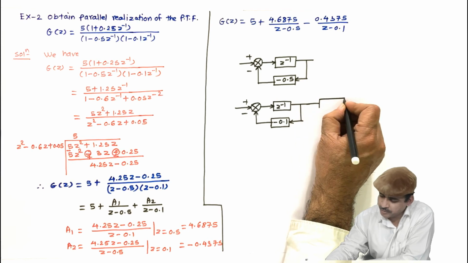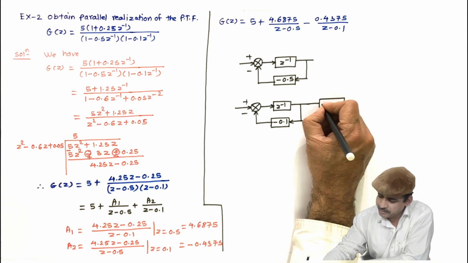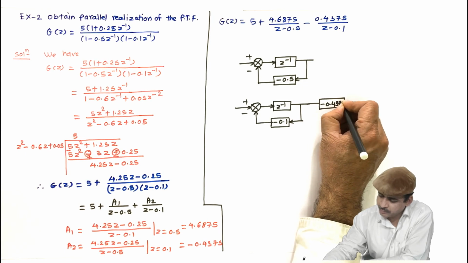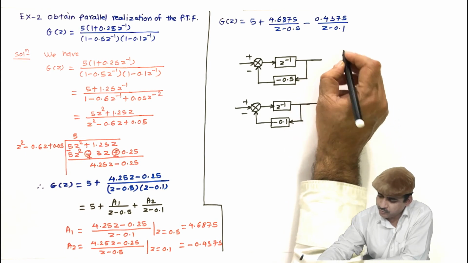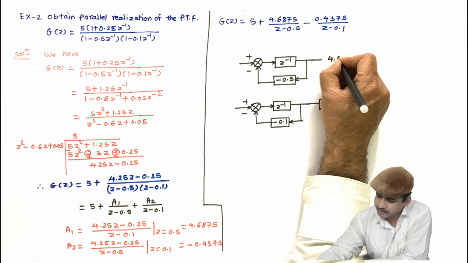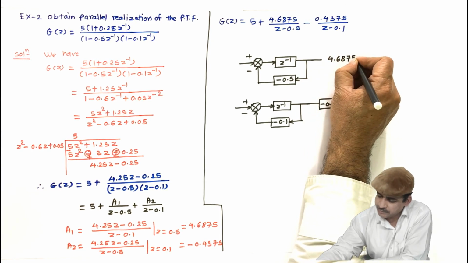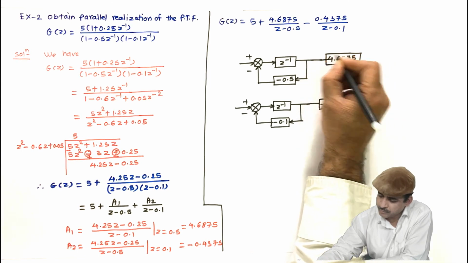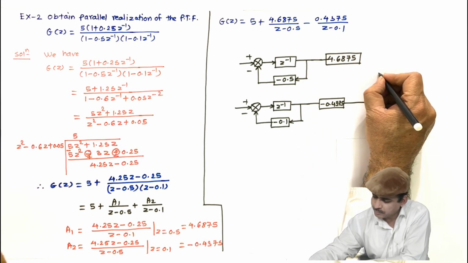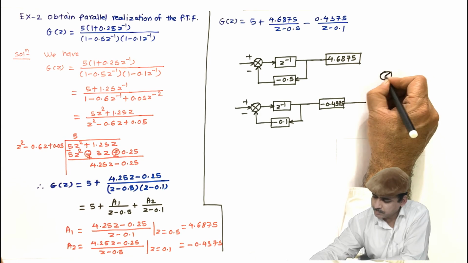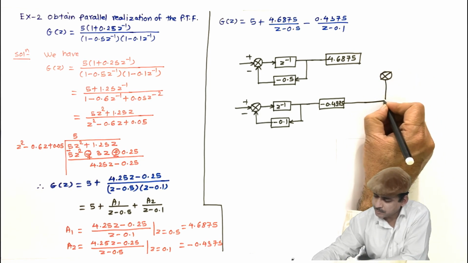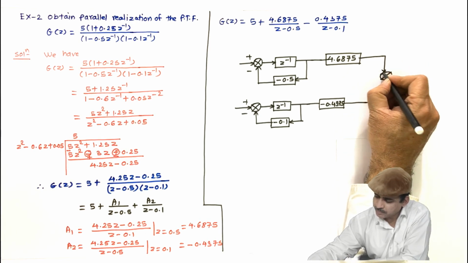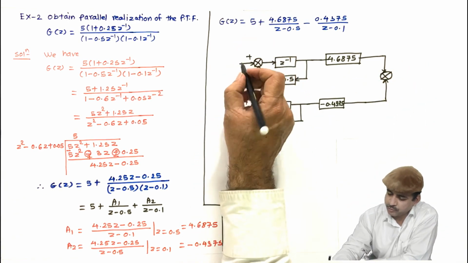The coefficient for this in the numerator is minus 0.4375, and for this one it is 4.6875. And then this 5 is also there.